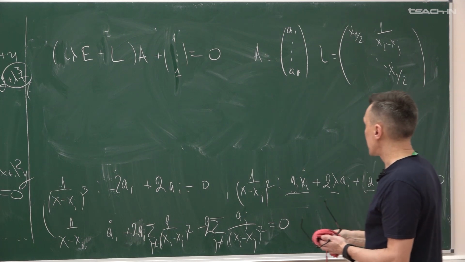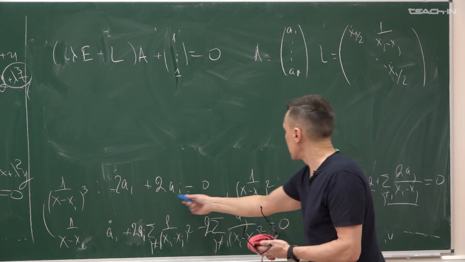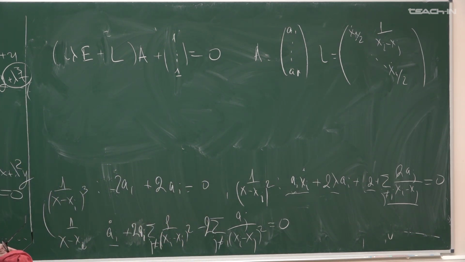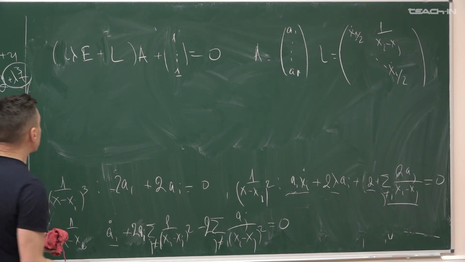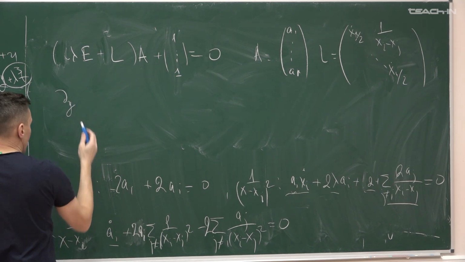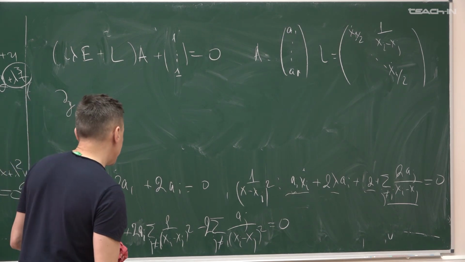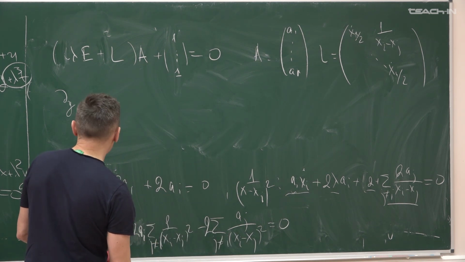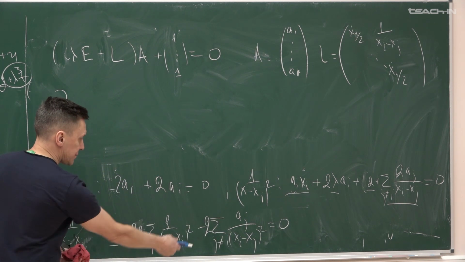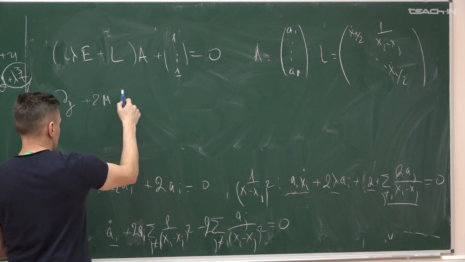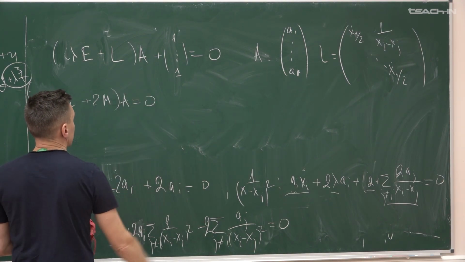Okay, and let us describe the second equation. It contains the derivative with respect to our time, so I will write it like this: derivative with respect to y. But here is just our M operator plus 2m applied to A is equal to 0.